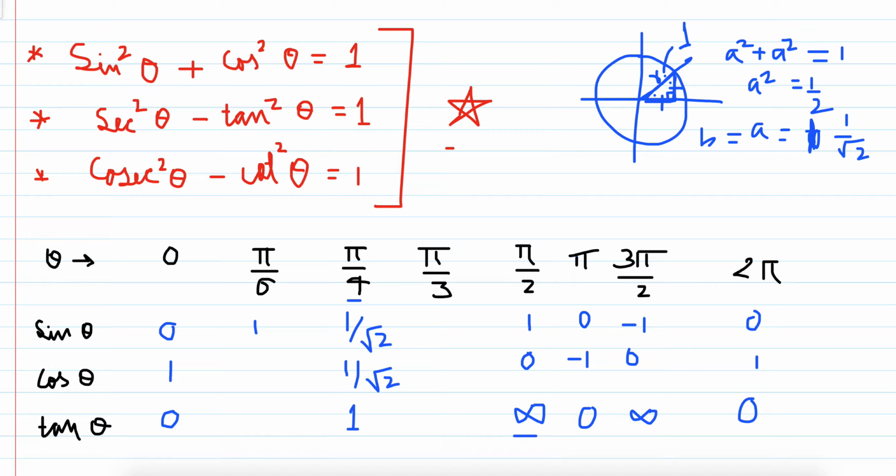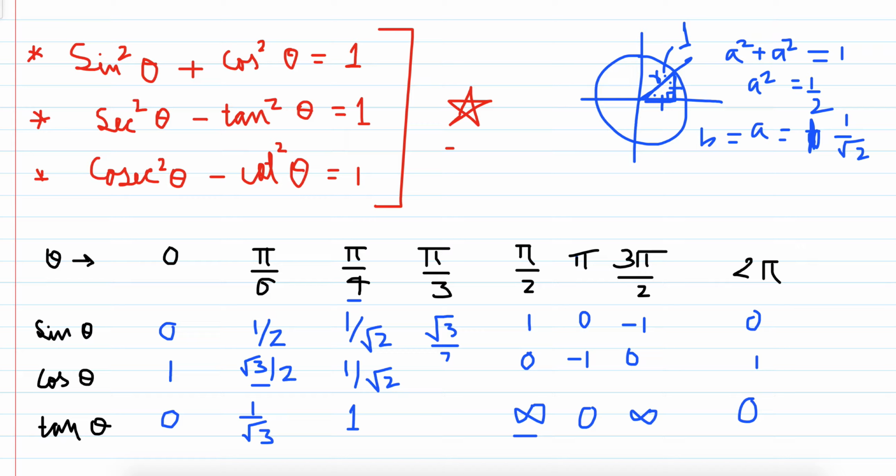And for 30 degree, sine is equal to half, cos is equal to root 3 upon 2, and tan will be 1 upon root 3, sine upon cos. And for pi by 3 it will be reverse. The values for pi by 6 for sine and cosine will reverse.